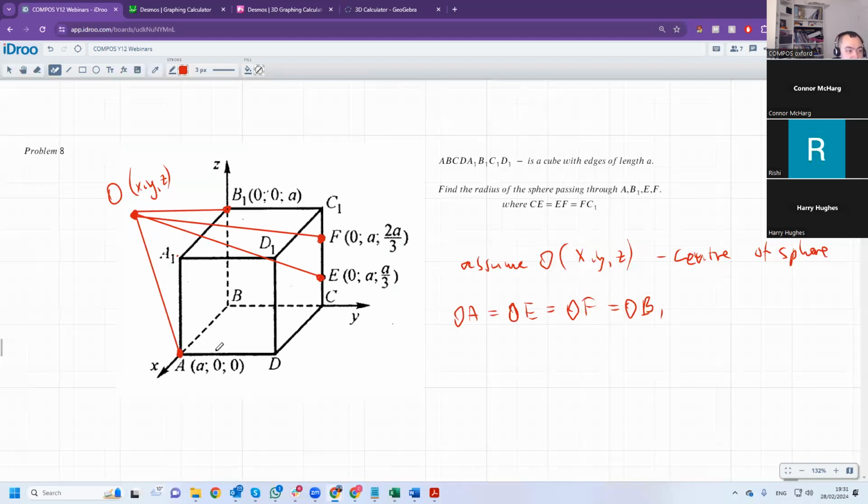And by writing down the length of OA, because you know the formula for the distance between 2 points, you have 3 equations with 3 unknowns. And that's it.